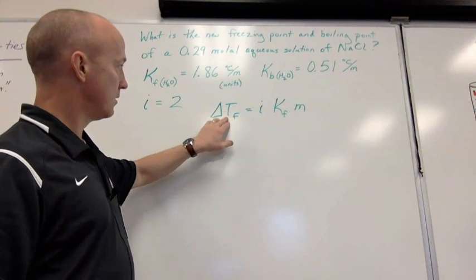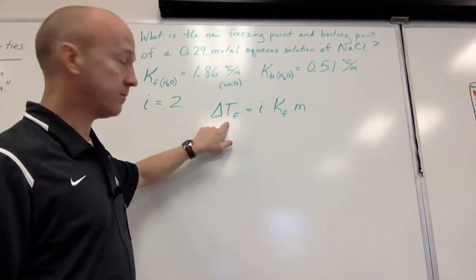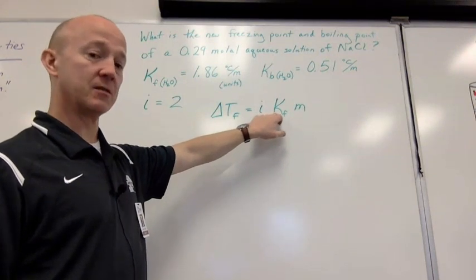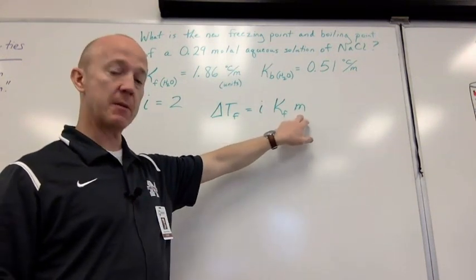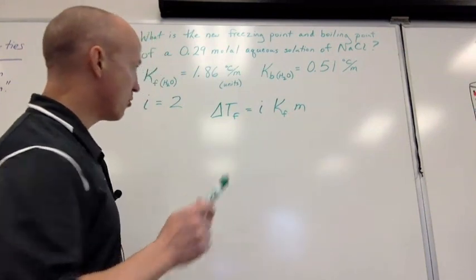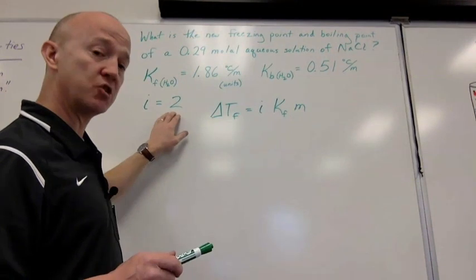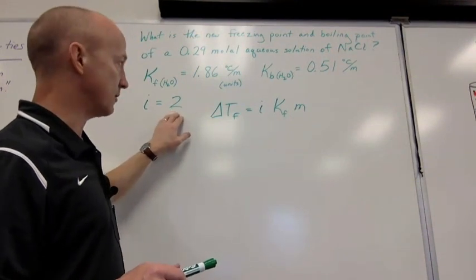We have the change in freezing point temperature equals the Van't Hoff factor times this constant, K sub F, times the molality. Now, important to note, there is no unit involved with Van't Hoff. It's a dimensionless factor.